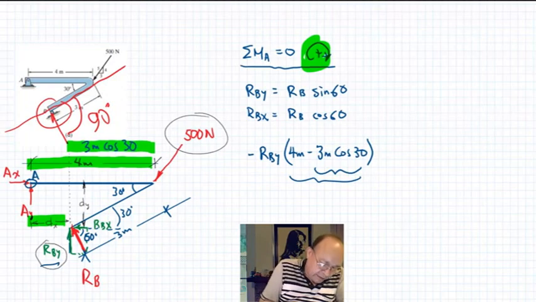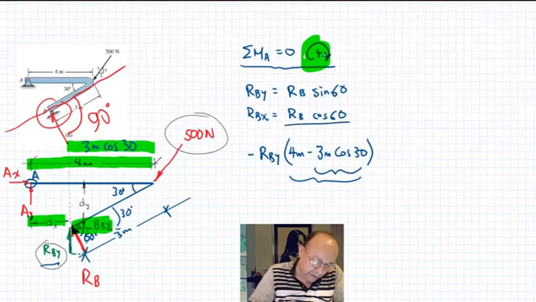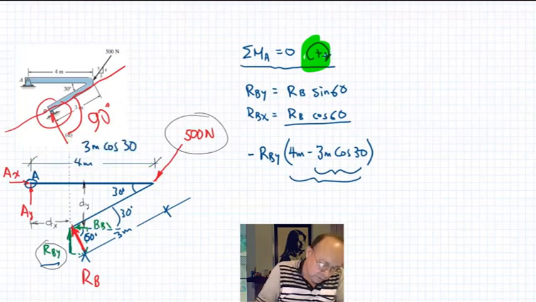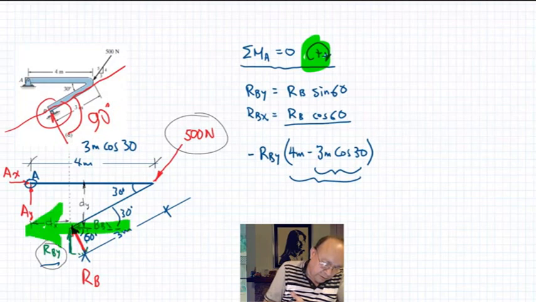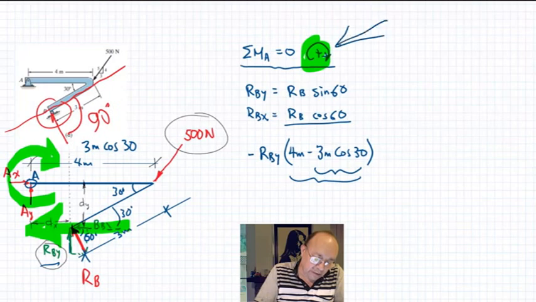Now RBX, this little guy right here, is RB cosine 30, and it's going to produce a moment. The force goes in this direction, so around point A it will go like this, clockwise. So that moment will be in the same direction as my convention of moments.